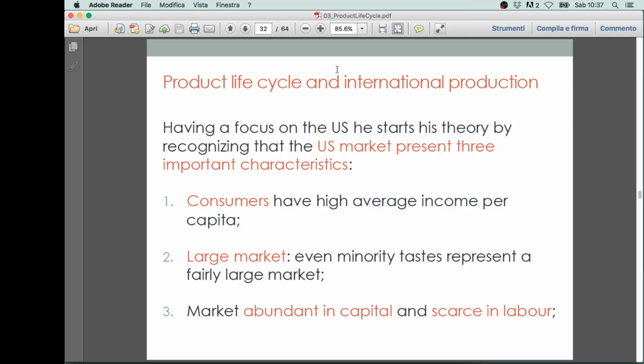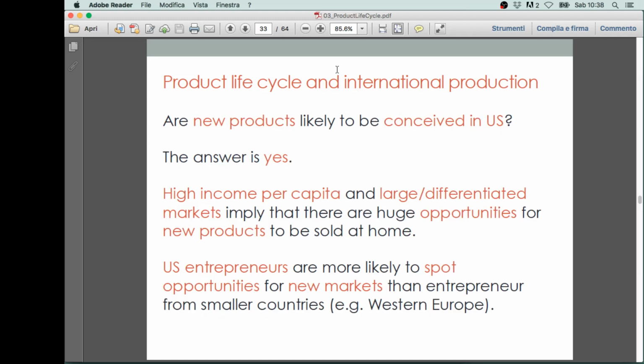Of course they are small in terms of the overall market, but given that the market is very large, they still represent very large market niches. And finally, it is an economy characterized by abundant capital and scarce labor, and this has implications with respect to the organization of production activities.